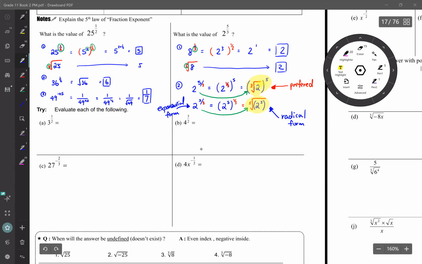Only one person is done. It shouldn't take that long. Just change it to radical form. That's all. If there's a negative exponent, move it to the other side.